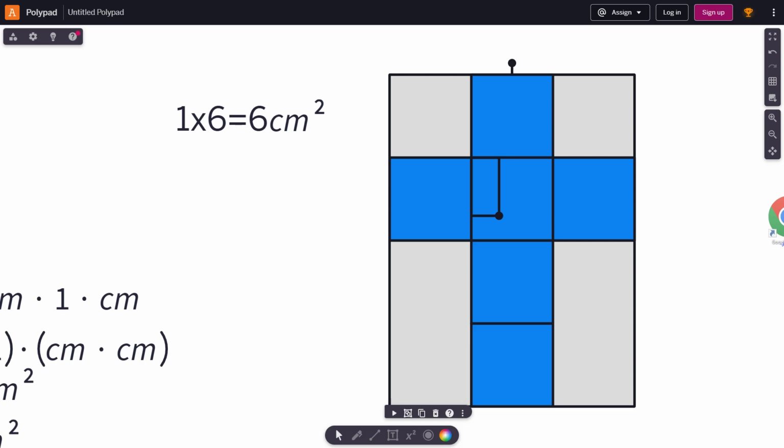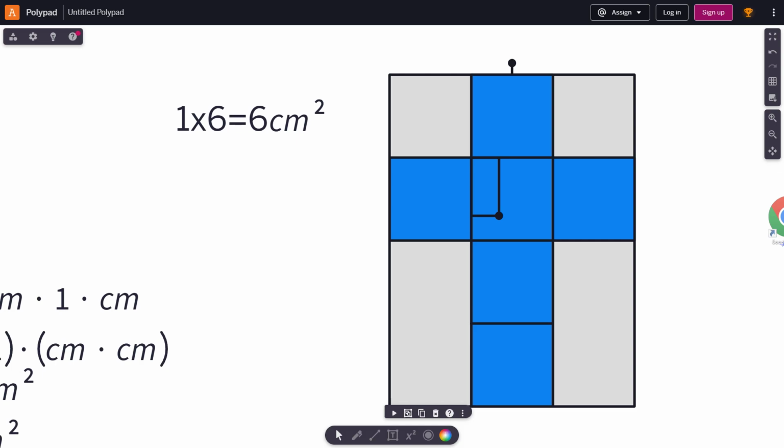How are we going to calculate the area if we know that this is 1 centimeter and this is also 1 centimeter? Area of the total shape. Well, that is pretty obvious. Then we multiply the base and the height, or the length and the width. So area equals length multiplied by width. That is the formula.